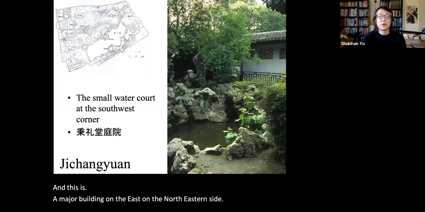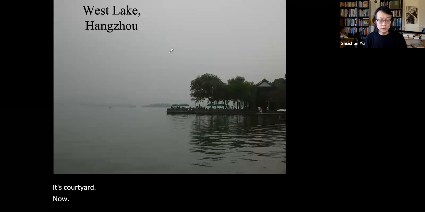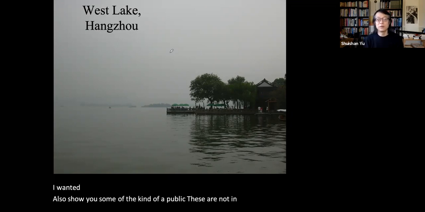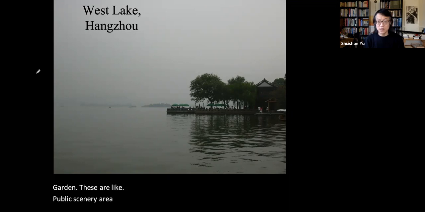It's courtyard. Now, I want to also show you some public scenery areas. These are not imperial gardens. These are like public scenery areas in some of the southern cities.